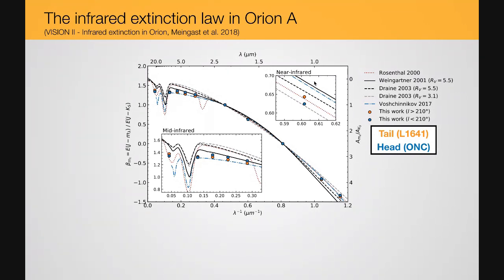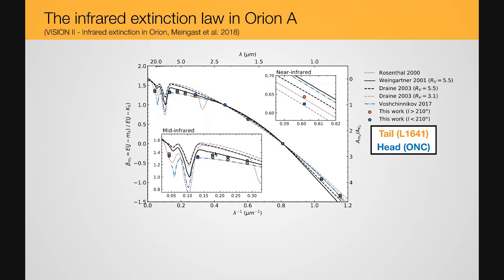This was a bit unfortunate. The answer is unfortunately not as exciting, because we compared this to models. When you stay, for instance, within the Weingartner-Draine models, if you look here at the black lines and the gray lines, you see this offset between the dashed black line and the solid black line.